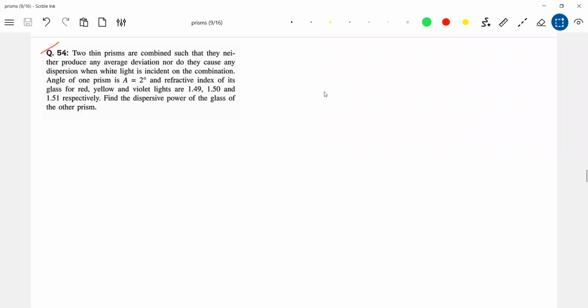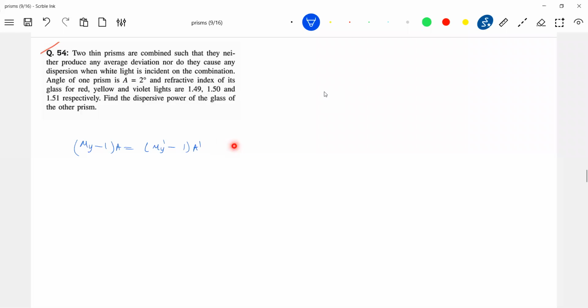So first we'll begin like this. Mu y minus 1 into A is equal to mu y dash minus 1 into A dash. Net deviation is 0, keep it in hand like this.